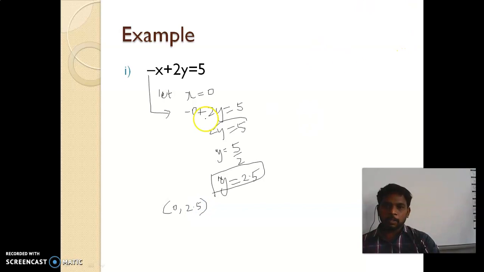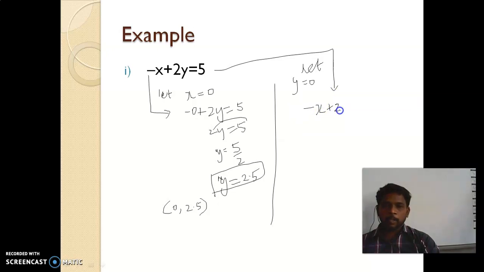Next I need one more solution for plotting the graph. So I'm going to take y equal to 0 now. If you put y equal to 0, what will happen? Let y equal to 0. Then minus x plus 2 into 0 equal to 5. 2 into 0, or 0 into any number, is 0 only.